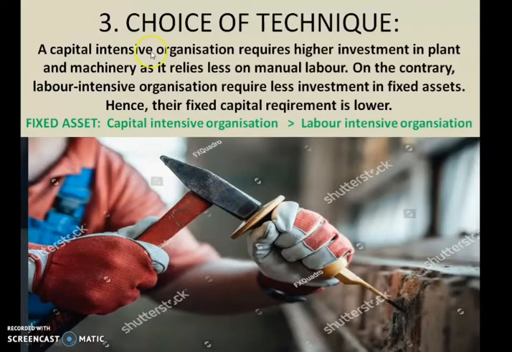Now the third factor which determines the fixed asset requirement is the choice of technique. Capital intensive organizations require higher investment in plant and machinery as they rely less on manual work. So there we can divide the work into two categories, that is capital intensive and labor intensive.